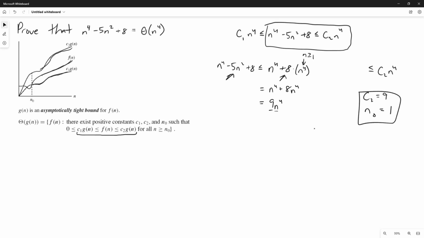So that side's done. Now we can do the next side. So now we have the same thing, but instead greater than or equal to, and then greater than or equal to C1 times n to the 4th. To do this, we need the left side to be greater than the right side, so we're going to remove the positive this time.